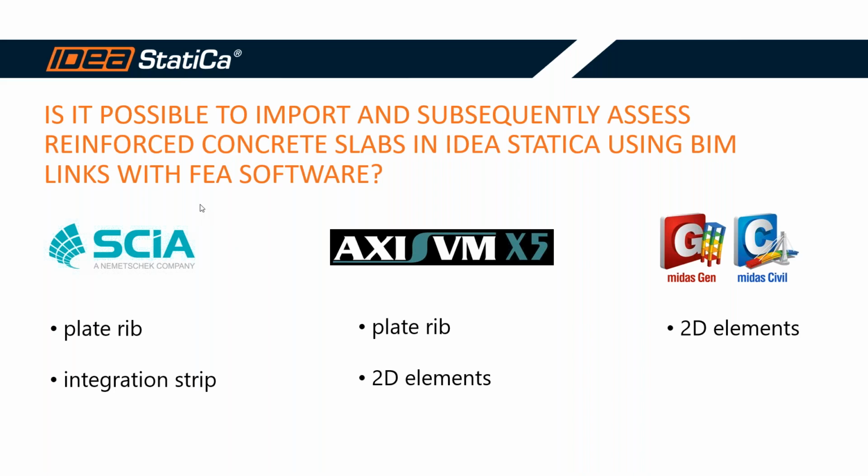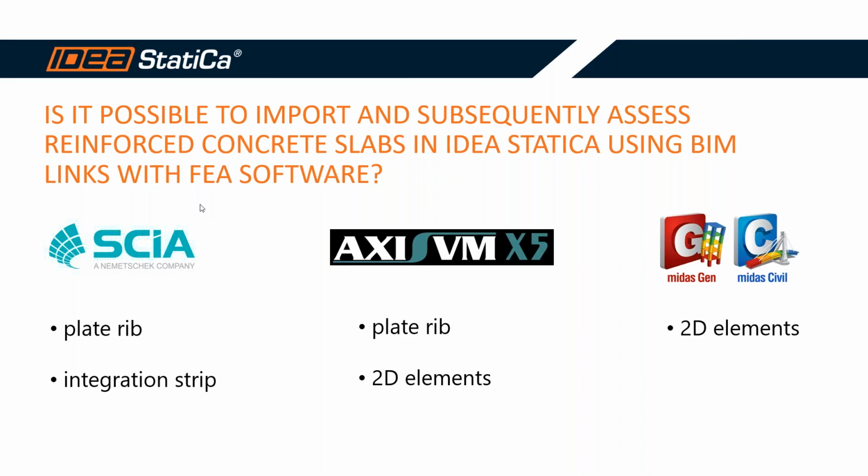If we talk about the engineer, there are two possible ways how to check a 2D element or plate element. The first one is again via plate rib, and the second one is to use integration strip.